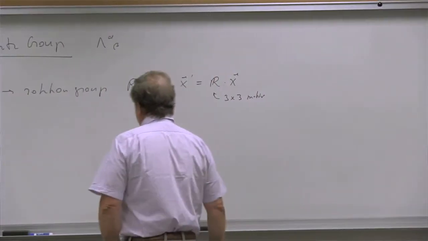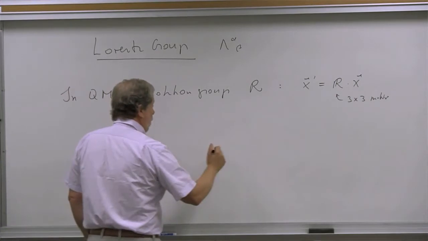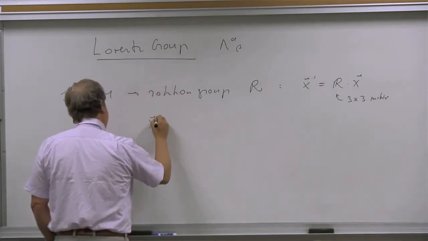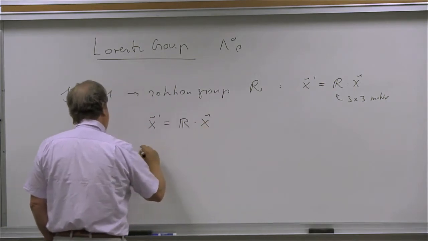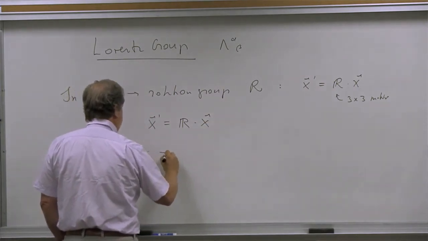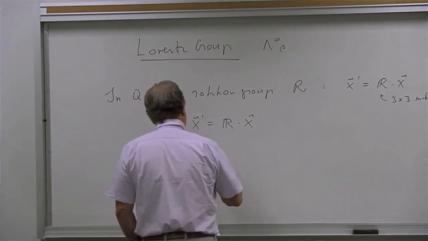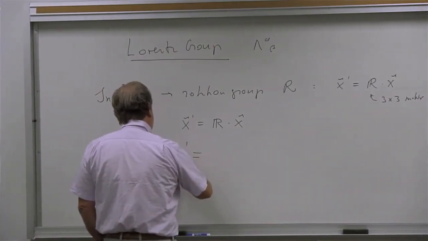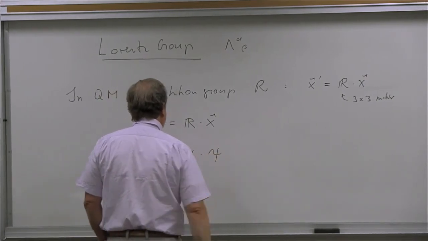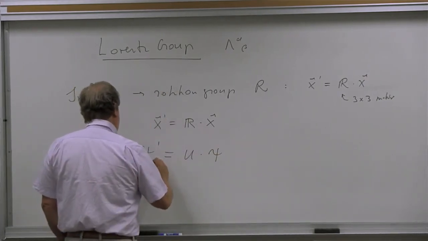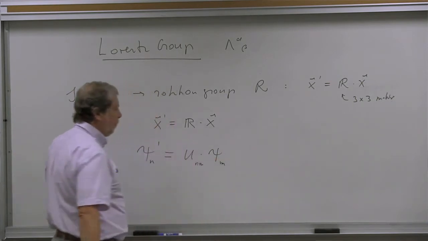And in quantum mechanics, while for the vector we have x prime equal to R times x, we have a wave function, and the component of the wave function is rotated through some matrix, which we call U, times psi. And this usually has components, so we write it in this way.